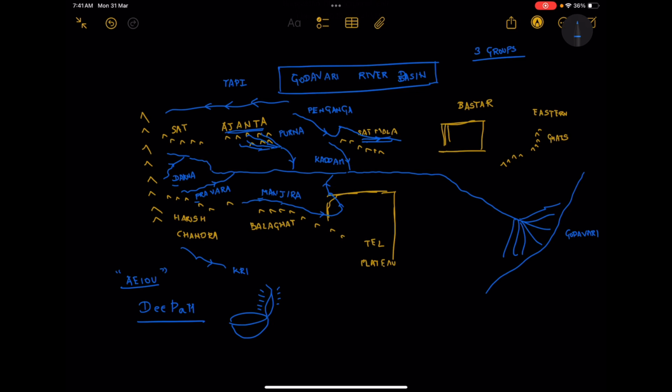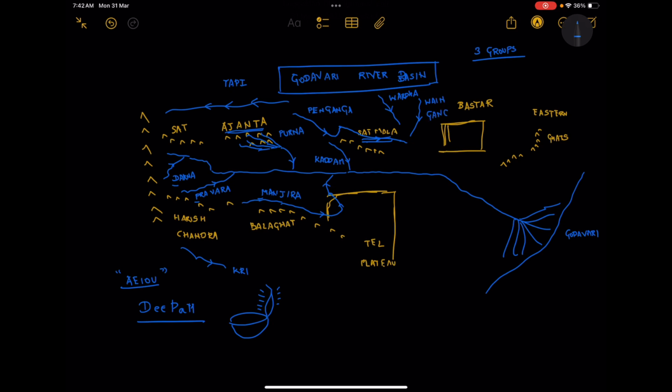And in the Vidarbha region, we have the two rivers Wardha and Wainganga. Wardha and Wainganga join together to form the major tributary called Pranhita. So we have the Wardha river system originating from the north along with the Wainganga river system. So we have Wardha, and then we have the Wainganga.